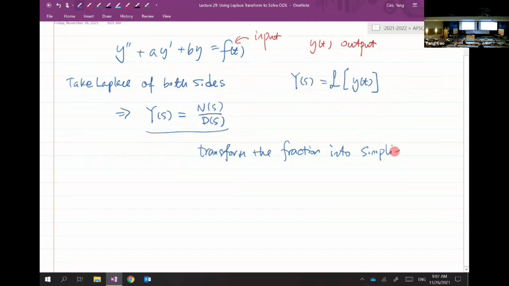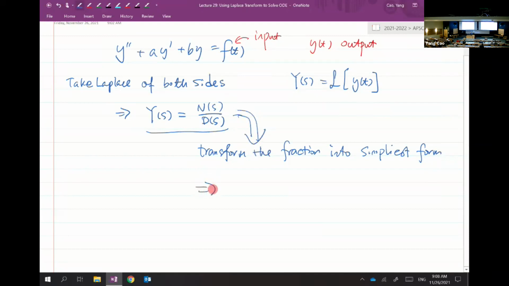We could say simplest form. Simplest form means the kind of format that you can actually look up from the Laplace table, the simplest format that exists in the Laplace table that was handed out to you. So you want to transform this fraction into a very simple form.